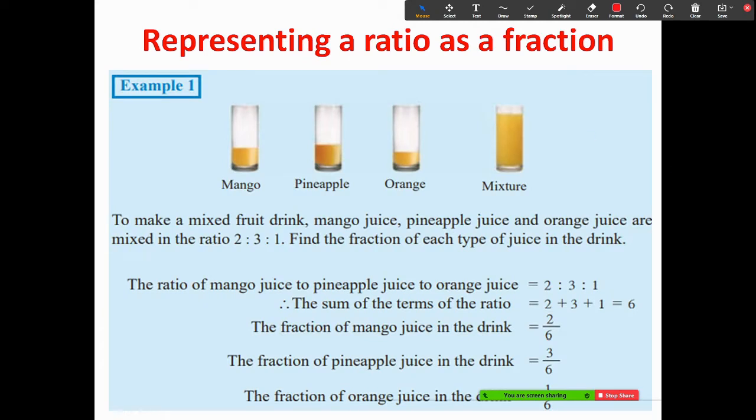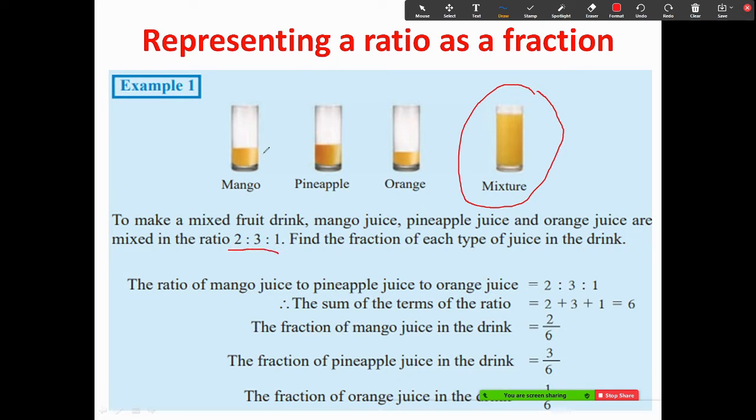Now we learn how to represent a ratio as a fraction. Look at this example. This is a mixture. To make a mixed fruit drink, mango juice, pineapple juice and orange juice are mixed in the ratio 2 to 3 to 1.